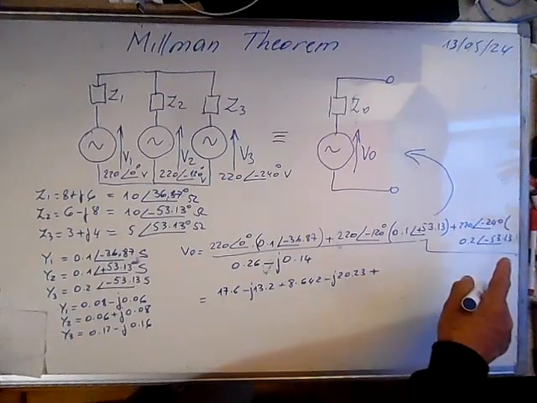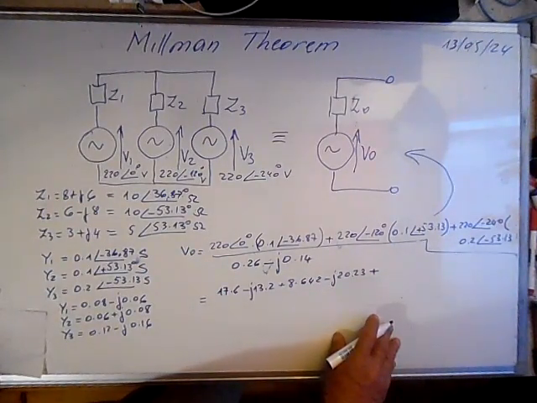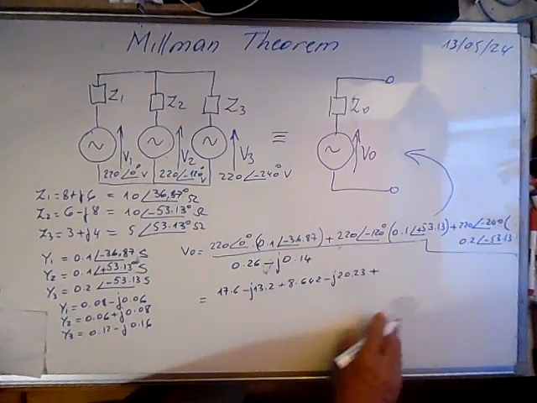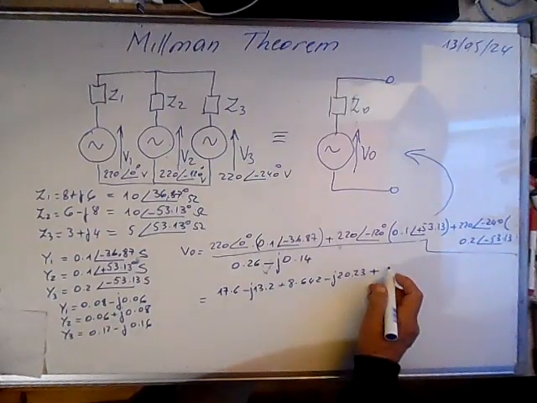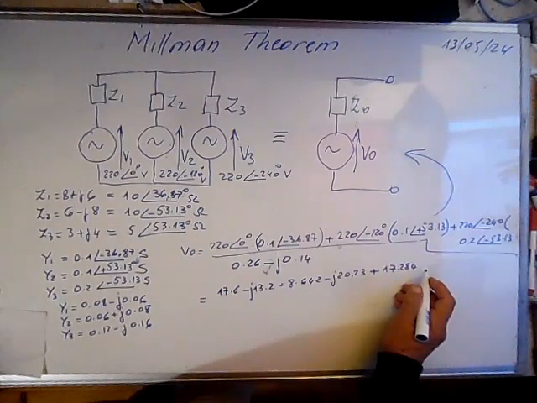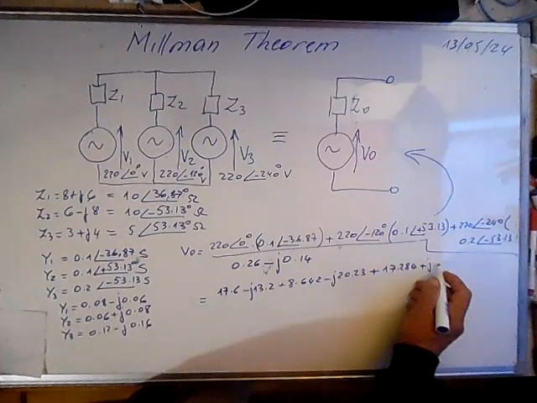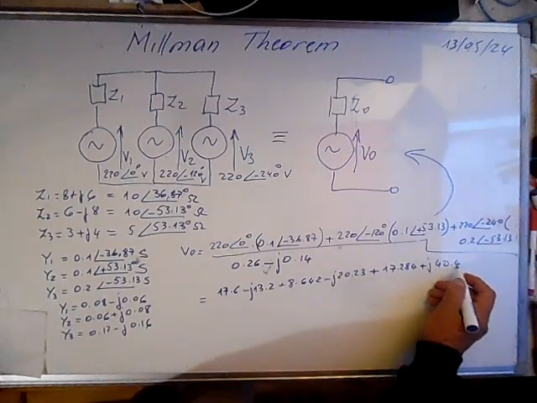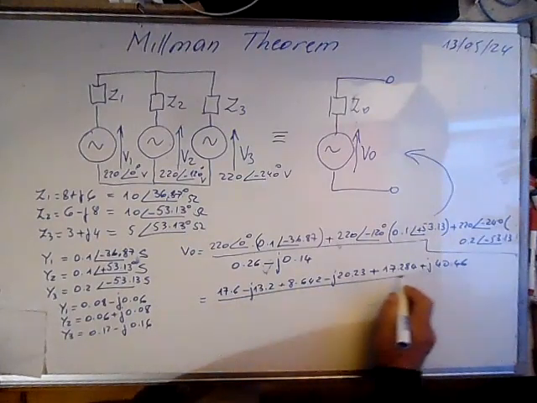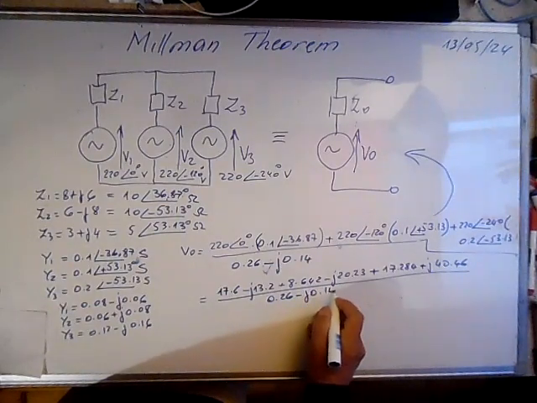Plus the argument minus 293, which means 66.87, times 44, gives 17.284, and sine gives plus j40.46, divided by 0.26 minus j0.14.